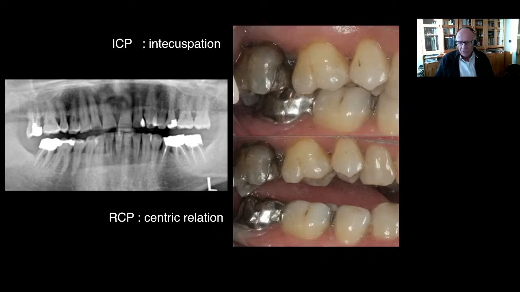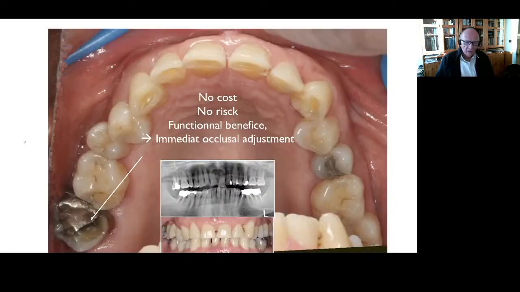We have a prematurity here, and the patient to close in ICP goes forward like this. Here it is in ICP. And look at these teeth, with a very big restoration and strong wear facet. Yeah, you can see the retrusive guidance.